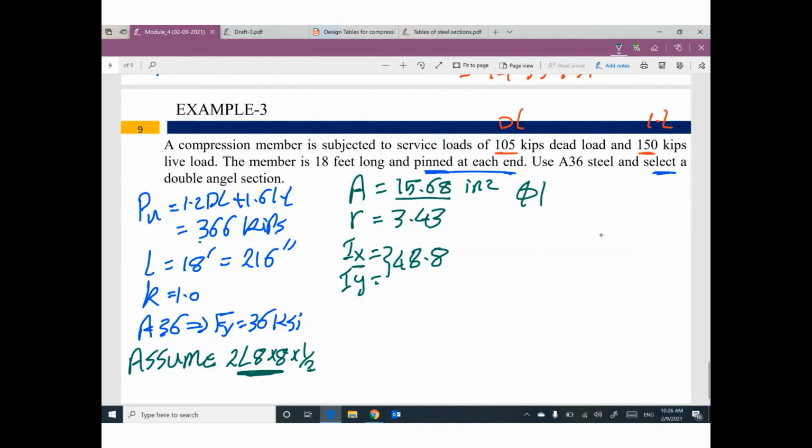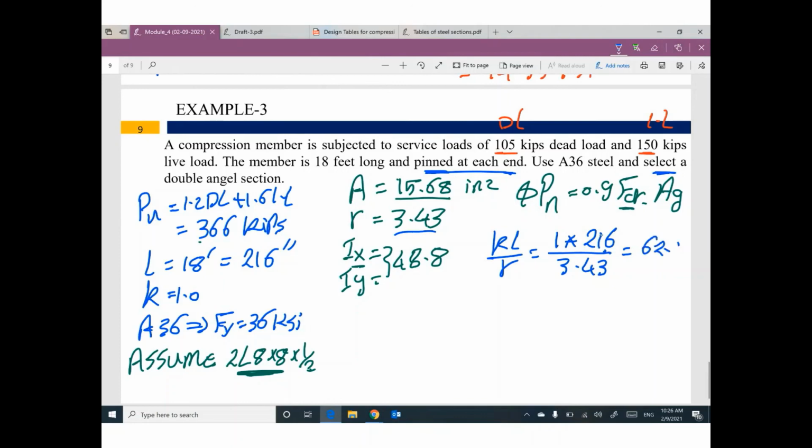phi Pn equals 0.9 Fcr times area gross. To figure out Fcr, we need to figure out KL divided by r. K is 1, L is 216, divided by r, 3.43, which gives 62.9.